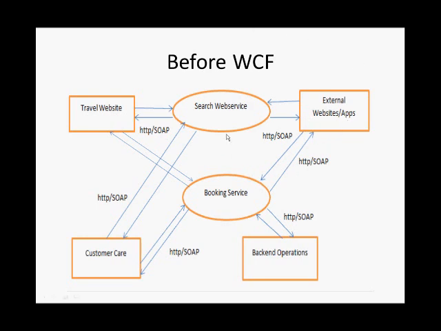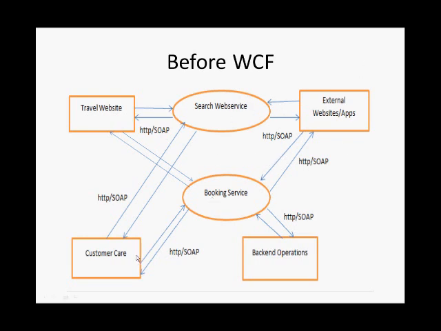So I had to host both of these as web services which communicate using HTTP SOAP, so that interoperability with non-.NET applications can be satisfied. I will use these services as well as the external websites, and I'll charge them for that. So the better part is that money comes in from the external parties.